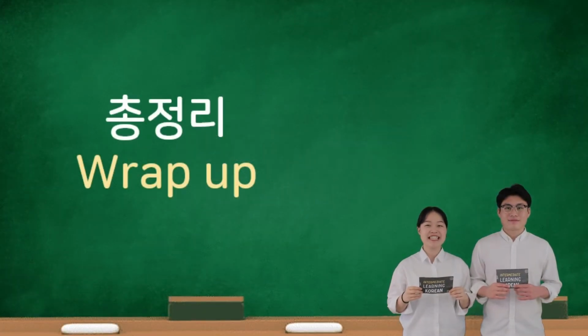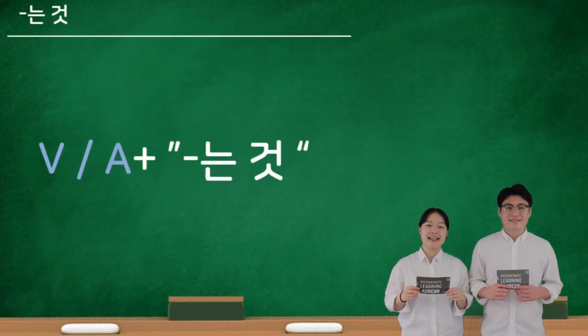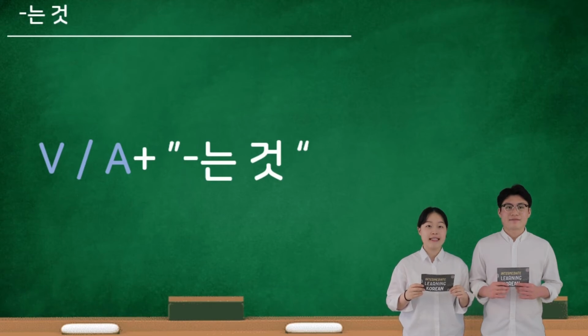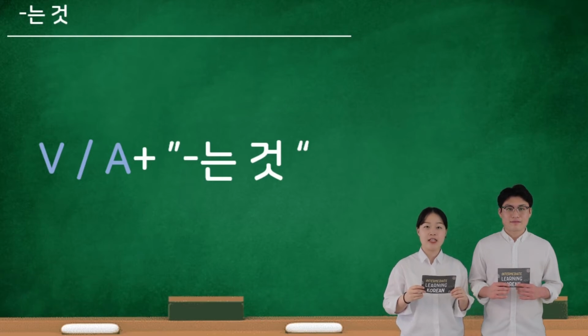Yes, did you understand everything we learned today? Yes, thank you. Then let's review about 는 것. 는 것 is used after the stem of a verb. It is an expression that makes verbs be used like nouns in a sentence. It can be used like a noun in front of 이다.